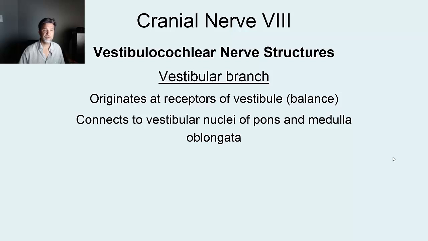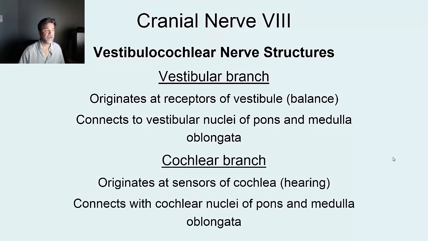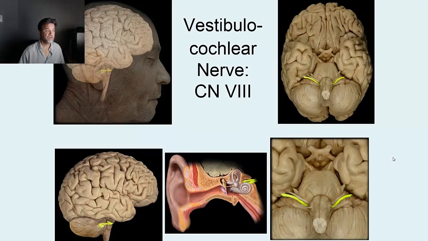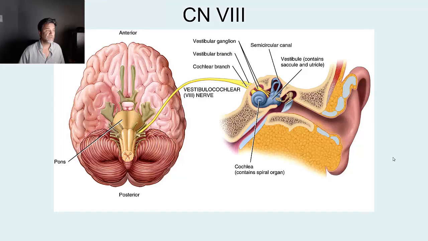All right, so the vestibular branch is all due to balance, and it's going to deliver that information to regions in the pons and medulla oblongata, whereas the cochlear region is going to deliver the auditory information and connect with those regions, but eventually this information is delivered to the cortices in the temporal lobe. All right, so the distribution again, and how we collect that information, how it's sent, showing in these pictures.